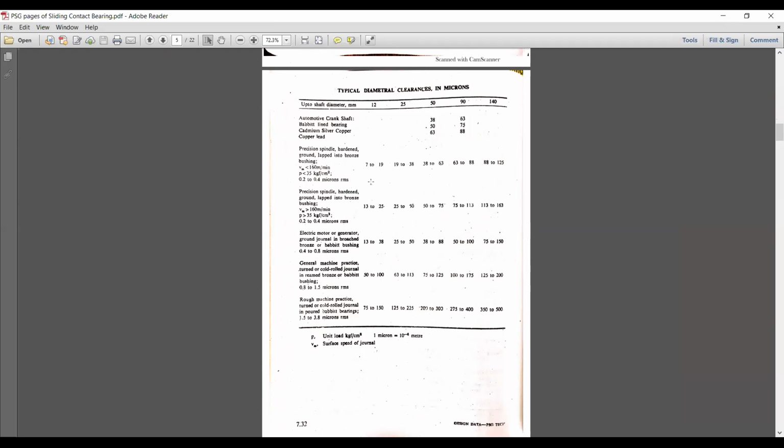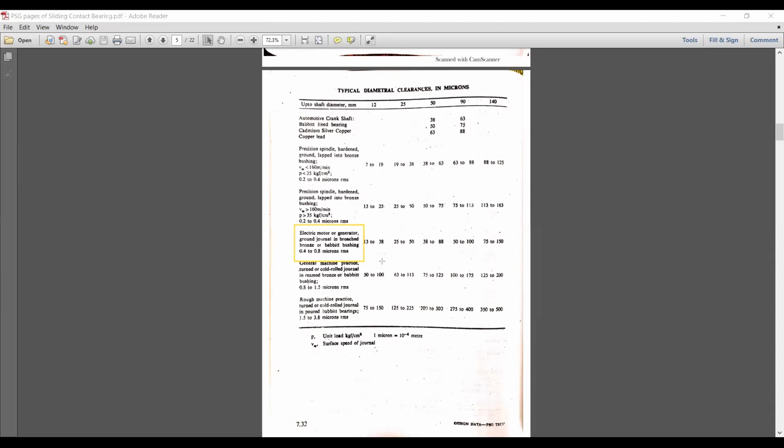Our diameter is between 90 and 140. In this application, I have chosen basically the electric, as we are using a steam turbine, so I'm considering the application point of view.